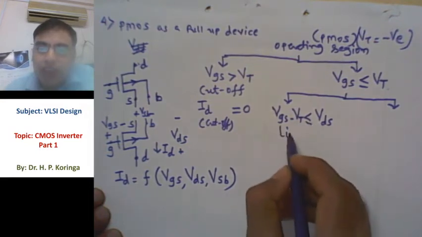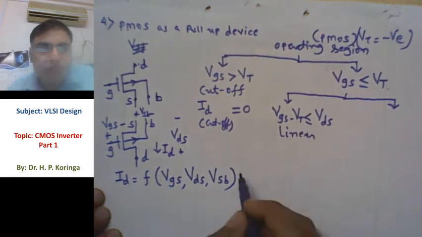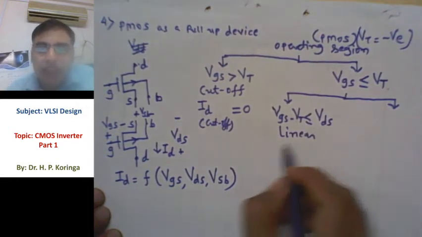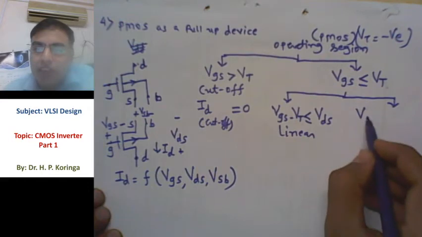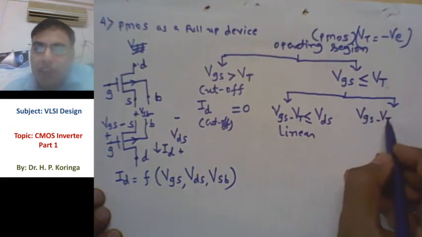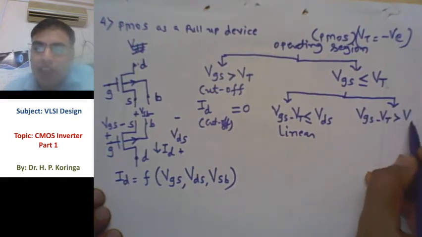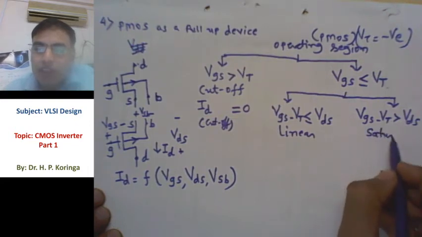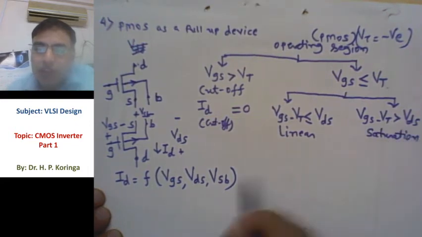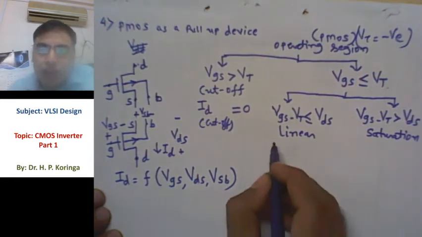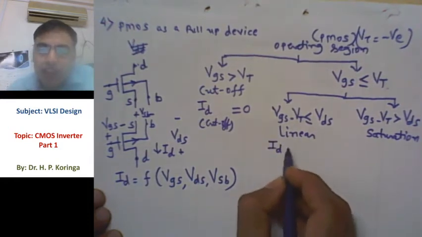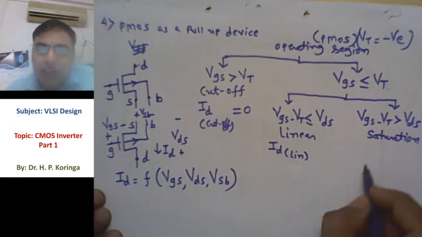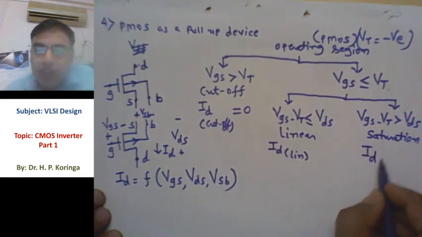And whenever VGS minus VT is greater than the VDS, then it operates in the saturation region. So here the ID current is the ID linear current, and here the ID current is the ID saturation current.